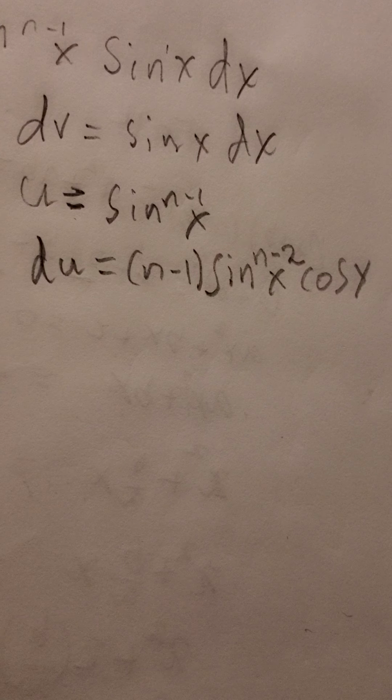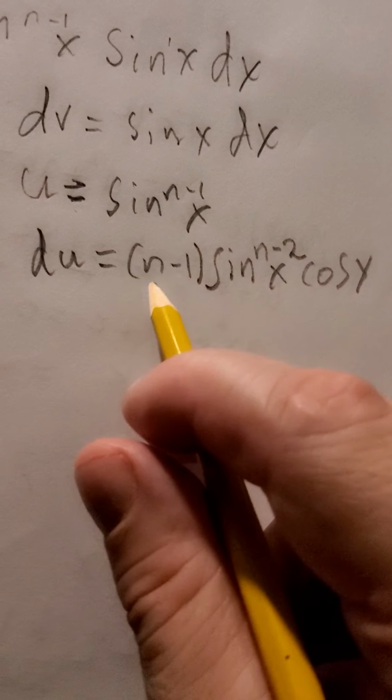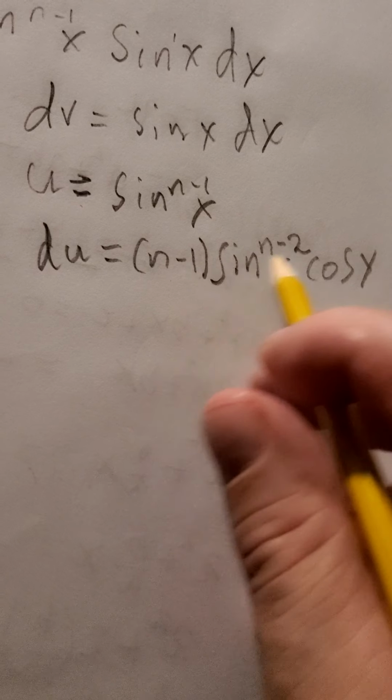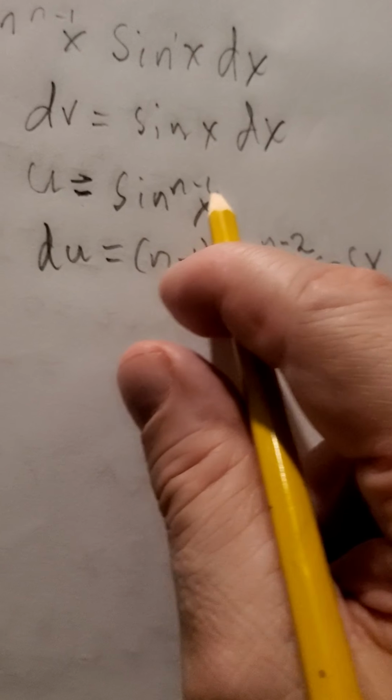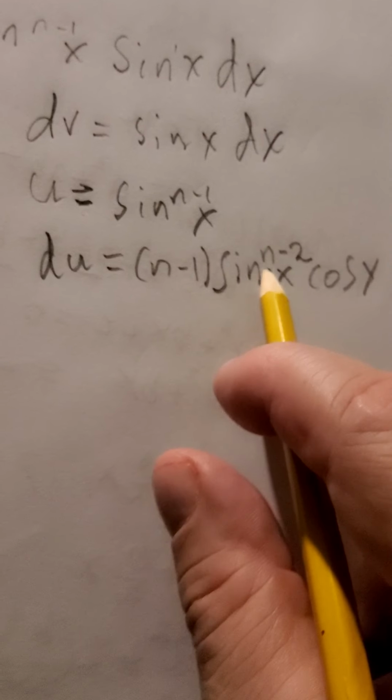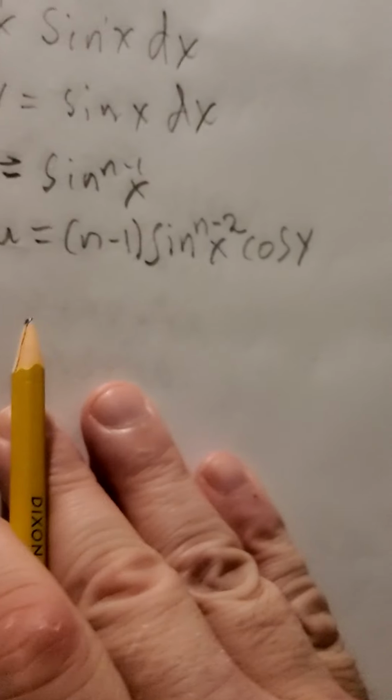Because remember, in general, the derivative of sine to the nth of x is n times sine to the n minus 1 of x cosine x. Here I'm using n minus 1 to start out with, so I replace n by n minus 1, and for this n minus 1, it will give sine n minus 2 x cosine x. And that is going to be with a dx next to it.